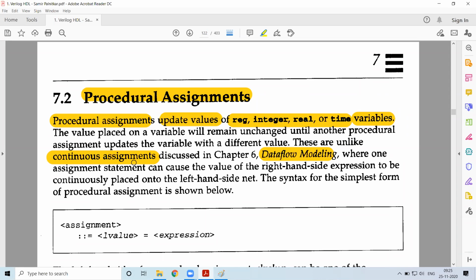If any of the variables in that assignment has changed its value, it does not mean that it will go back and assign it unless and until some new assignment is given to that variable. So that is the difference between the two assignments: continuous assignments, which are present in data flow, and procedural assignments, which are present in your behavioral modeling.